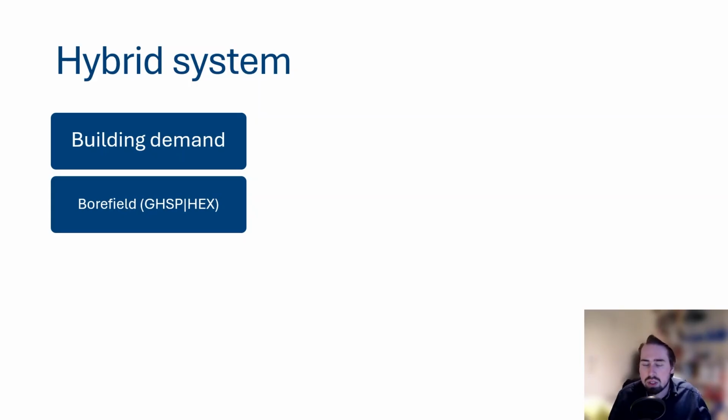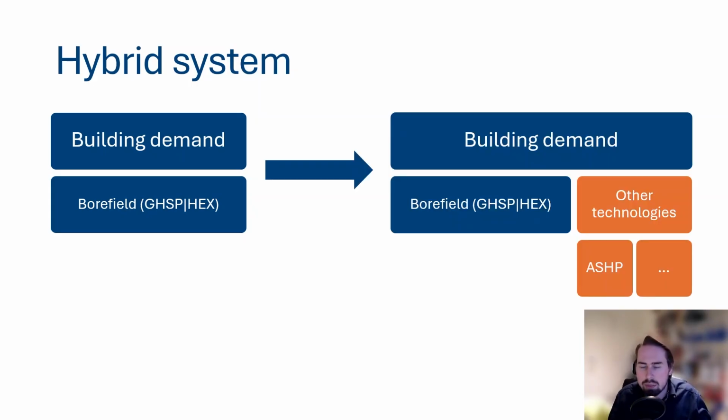But in the cases mentioned before, we can also go for a hybrid system, where we say, well, next to the bore field, we place other technologies. For example, an air source heat pump, or solar thermal collectors, or perhaps it's a renovation and you still have a gas boiler left. So in this case, the bore field will only be part of your heating and cooling solution. And that exactly is a hybrid system.